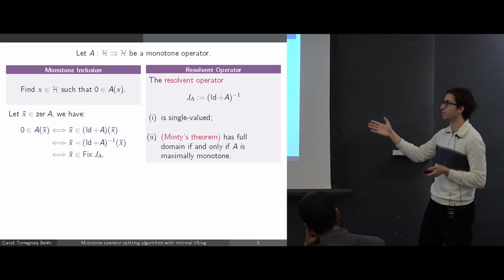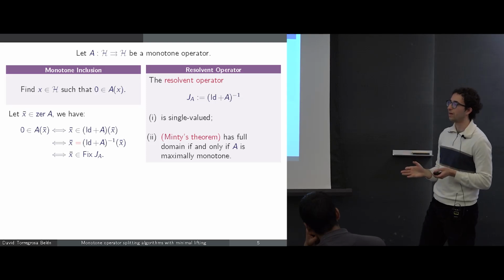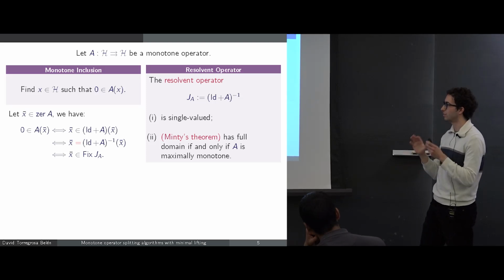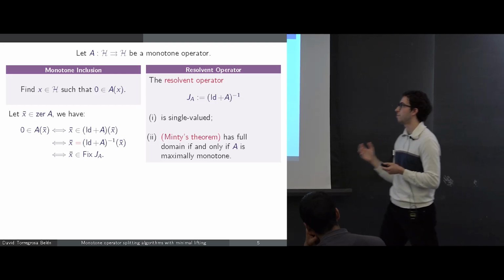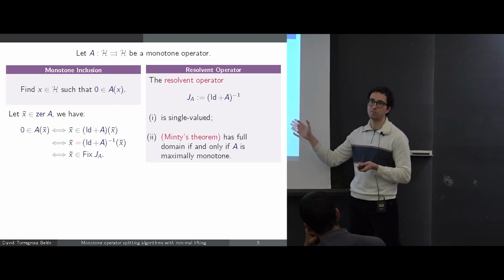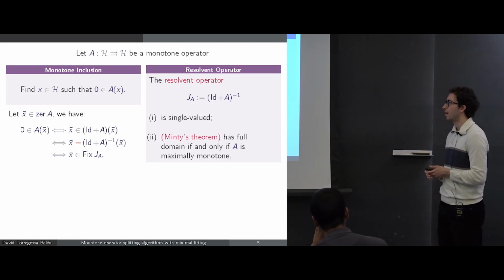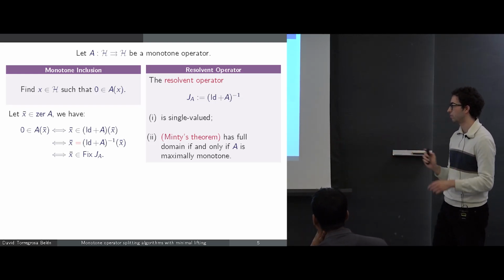Okay, so in practice, this tells you that since we want splitting algorithms that will be defined on the whole space, it is important to consider the resolvents of maximally monotone operators. So actually what we care about are maximally monotone operators.